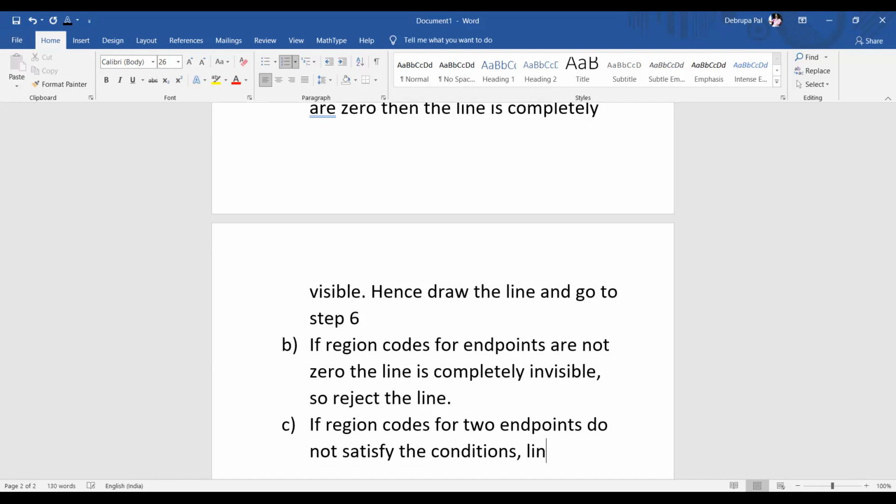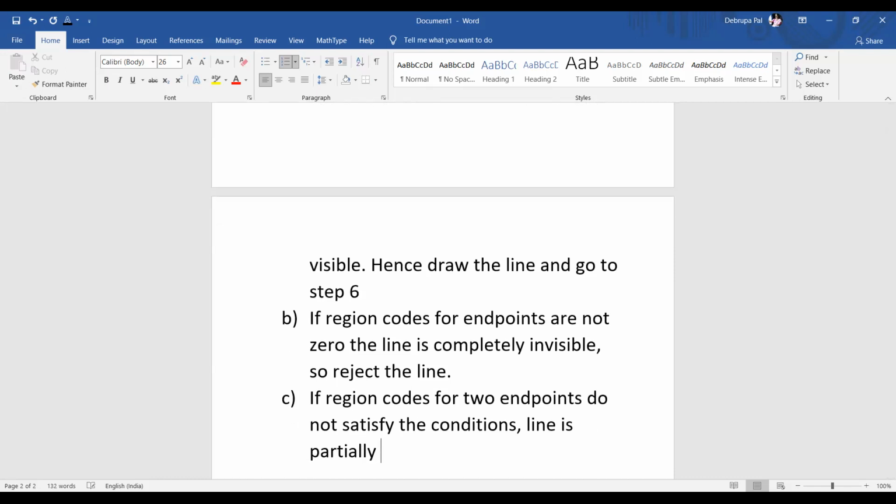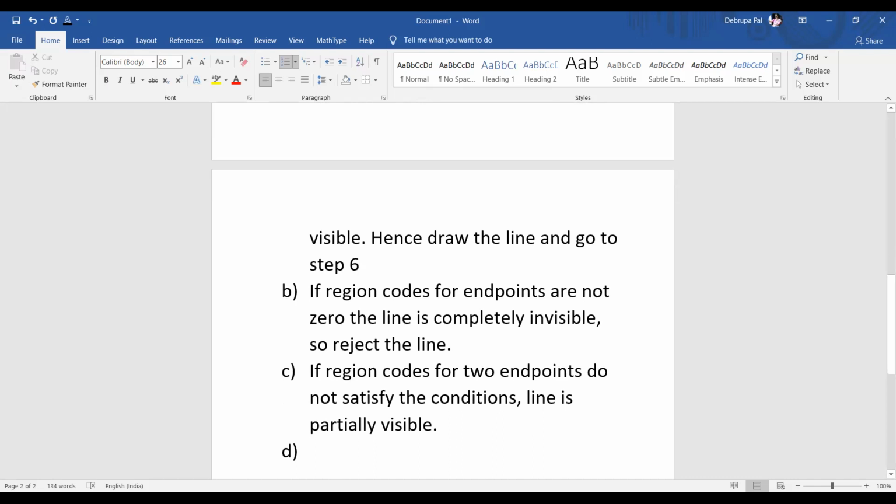We can conclude that the line is partially visible. So these are the conditions.